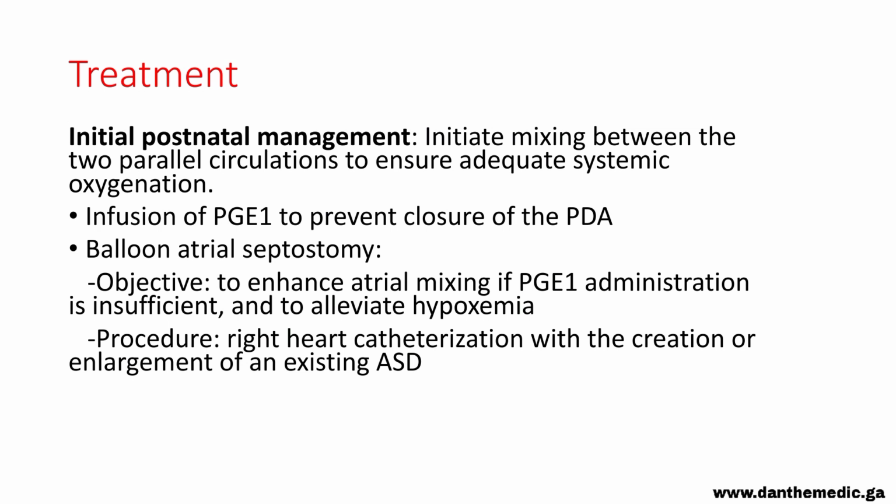So in the case of, let's say, patent foramen ovale, and this patent foramen ovale, for instance, is not enough to cause adequate mixing of the blood, we then use this balloon to increase the size of that patent foramen ovale, or we can also cut, that's septostomy, we cut the wall of the atria in order to ensure mixing of the blood if this foramen ovale is no longer patent.